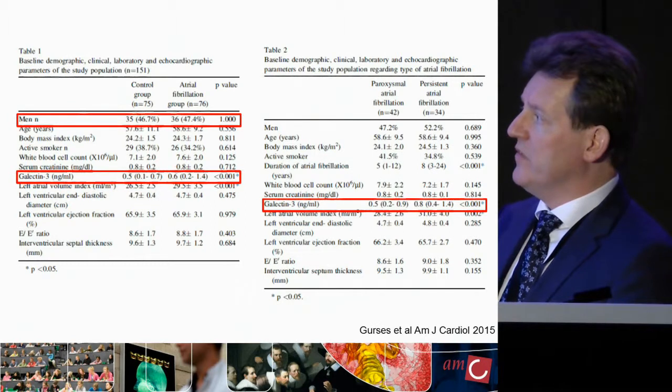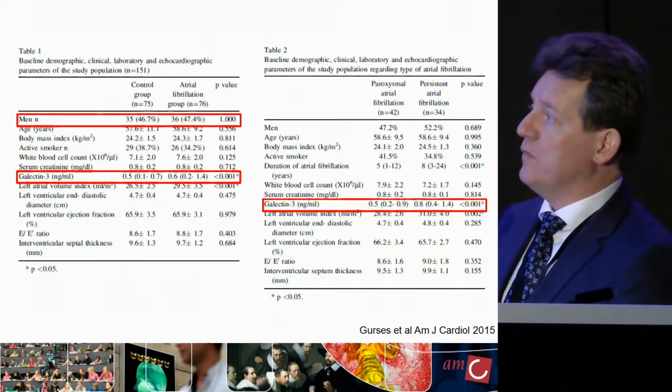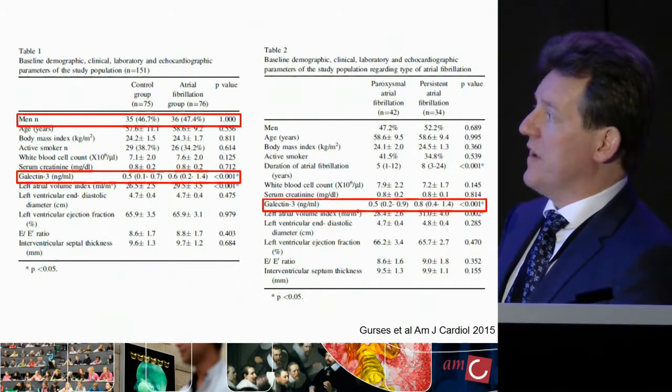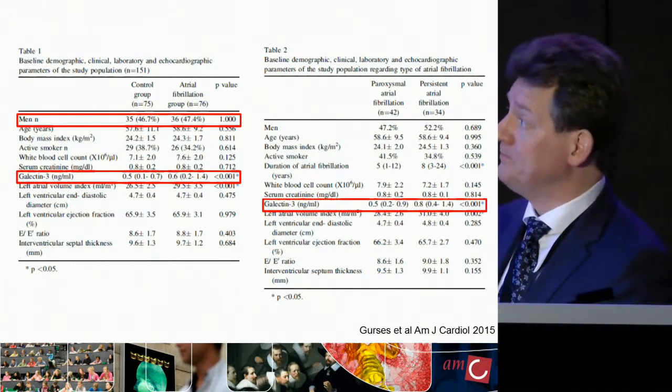And it's completely driven, the difference between no AF and AF, which is significant, is completely driven by the effect on the persistent atrial fibrillation group, as in paroxysmal atrial fibrillation, the amount of galectin in the blood is exactly the same as in control.